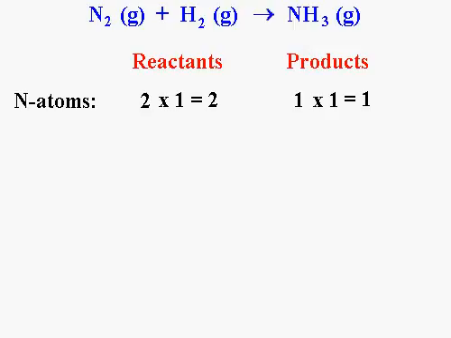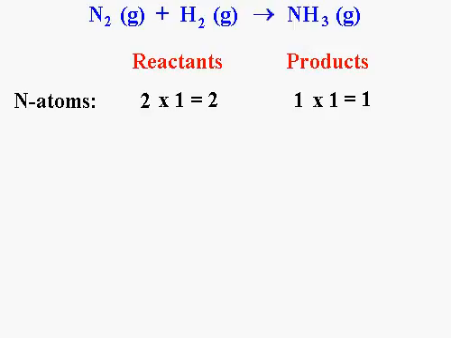It would no longer be ammonia. It would be N2H3, which is a compound that doesn't even exist. So the subscripts cannot be changed in any way. They have to be the same because they tell you what chemicals are participating in the reaction. We cannot change the chemicals of the reaction, so we cannot change the subscripts in the reaction.